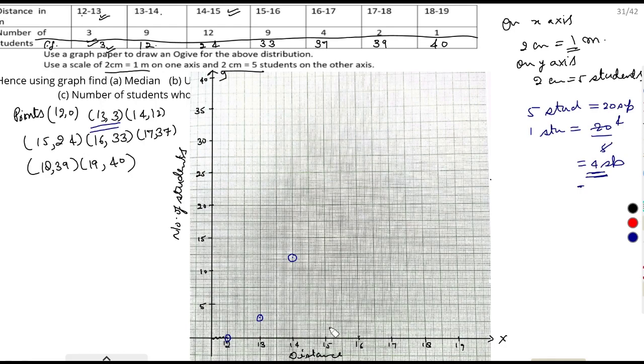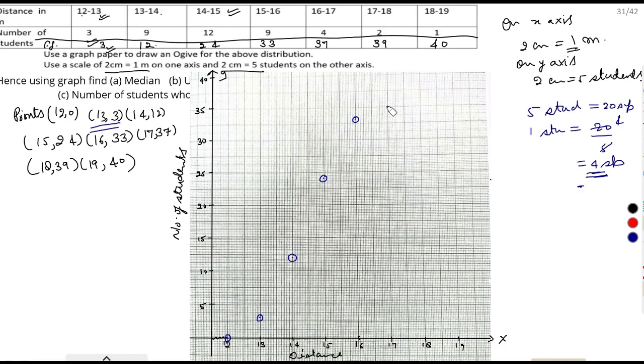Next is 15, 24. This is 20 and for 4 students we have to count 16 small parts. Next is 16 comma 33. This is 30 and for 3 students 12 small parts. 17, 37.